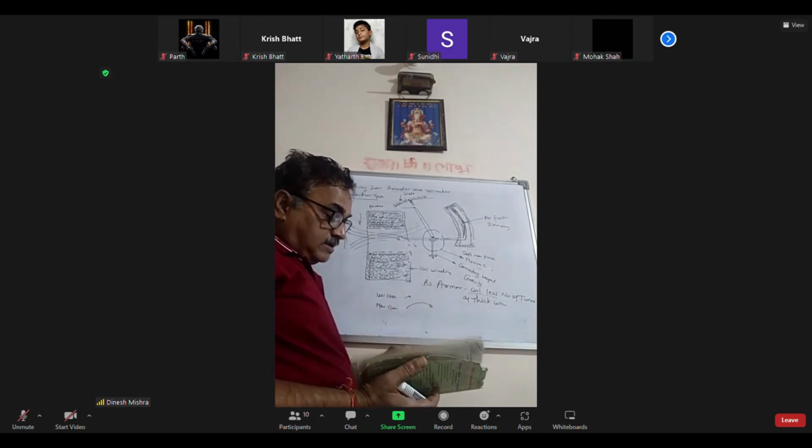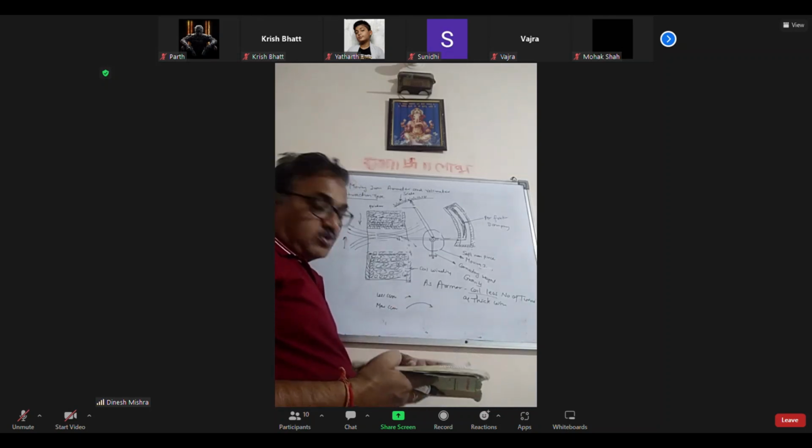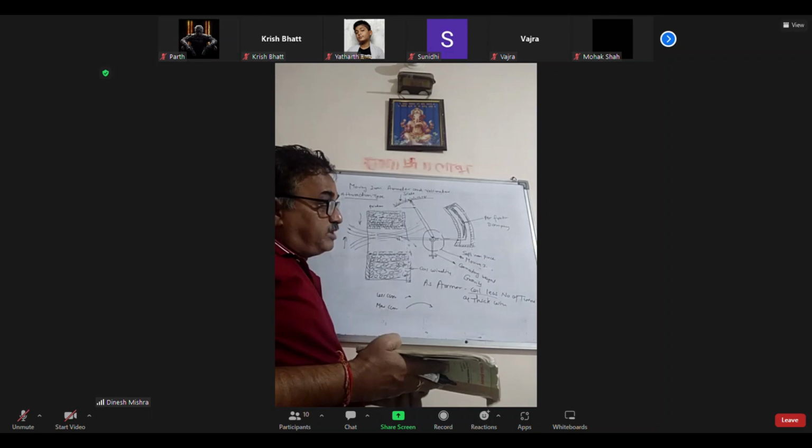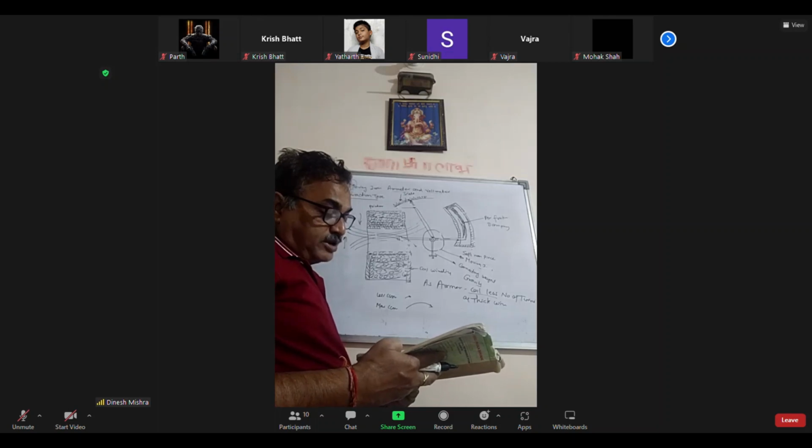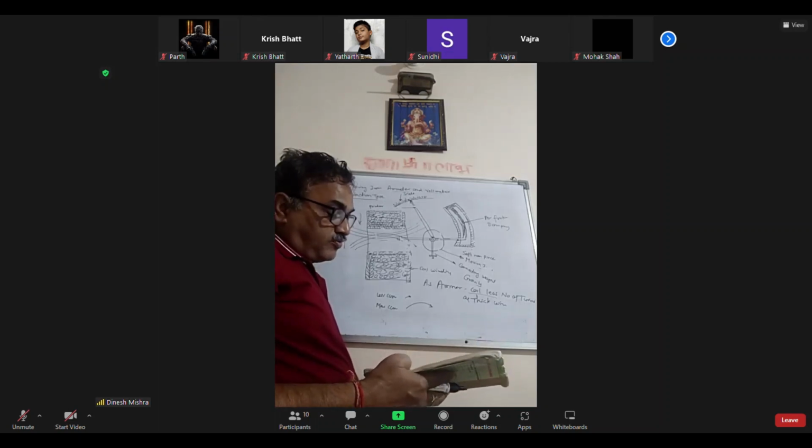Okay. If the instrument is to be used as a voltmeter, then what happens? The coil has high impedance, so it draws a small amount of current.